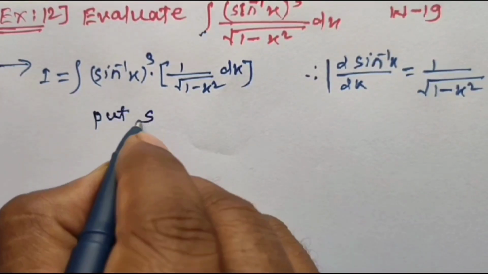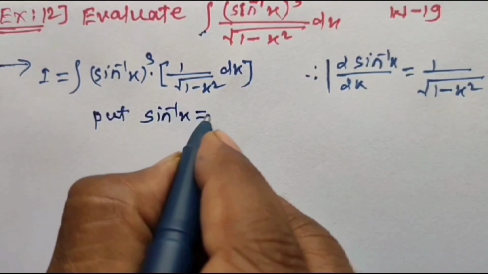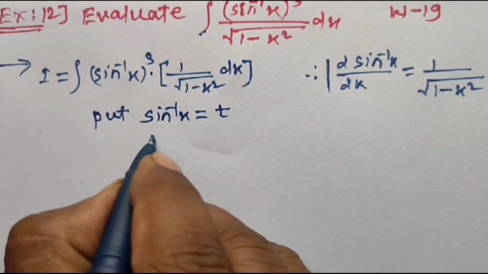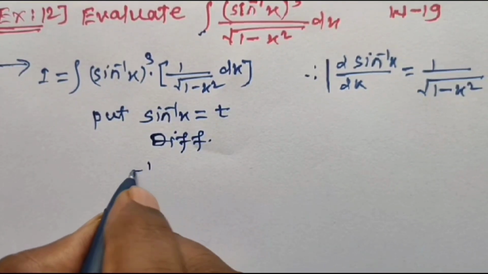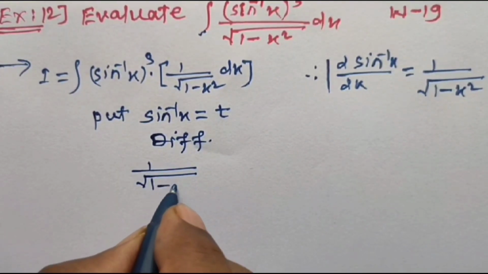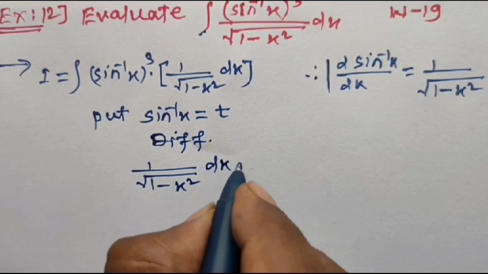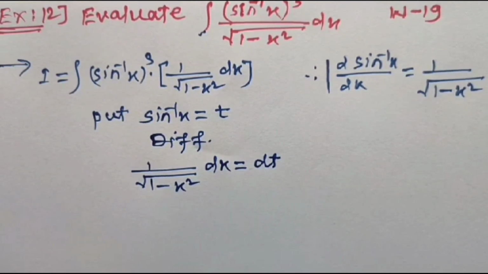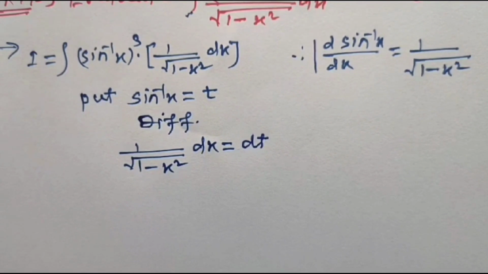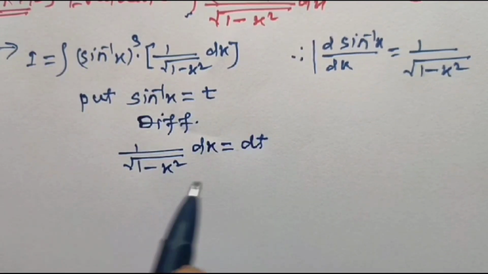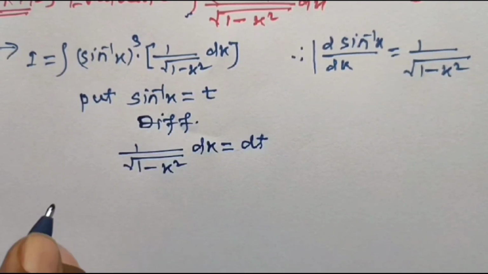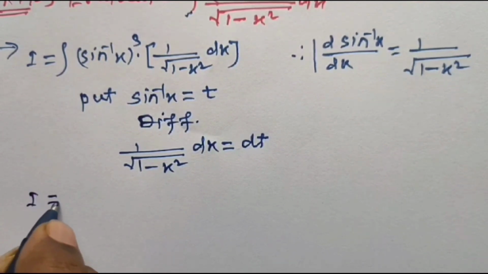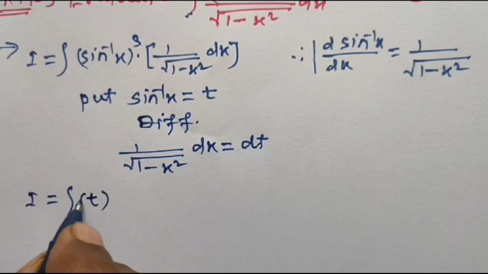Now put sin inverse x is equal to t. Differentiate this. Hence 1 upon square root of 1 minus x square dx is equal to dt. Now in the given integral, replace this bracket by dt and sin inverse x by t. Hence I is equal to the integral of t cube dt.